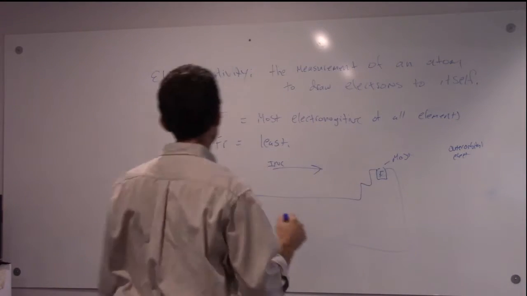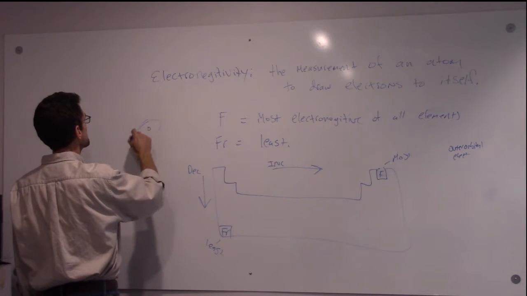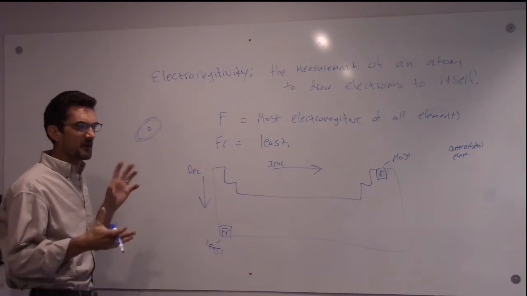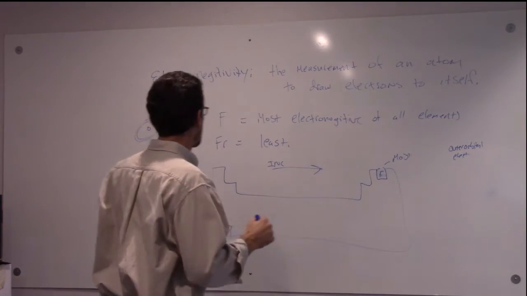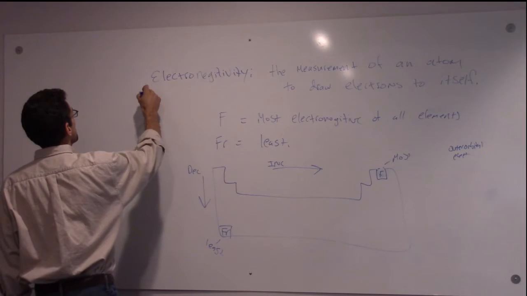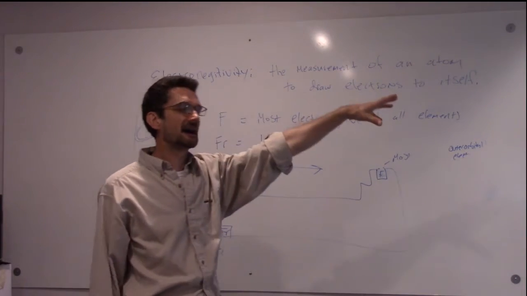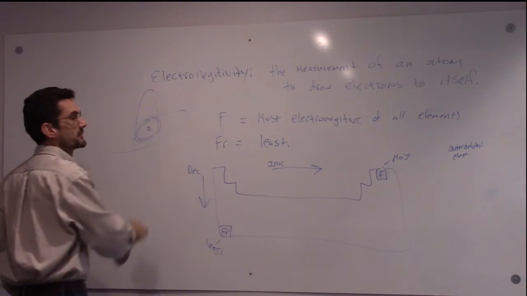So I may have my nucleus here, and the electrons that are close by are well held onto by the nucleus. But then you've got these outer orbital electrons. This is like Neptune and Jupiter, the guys that are way out there, far away from the sun. And these are the guys that get picked off.